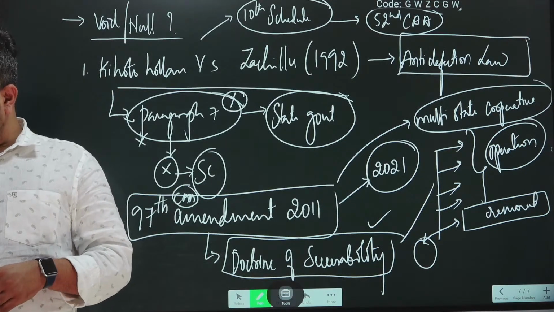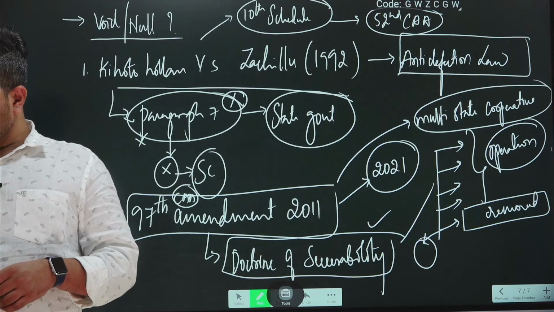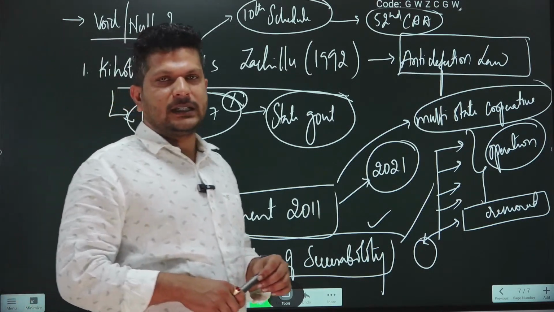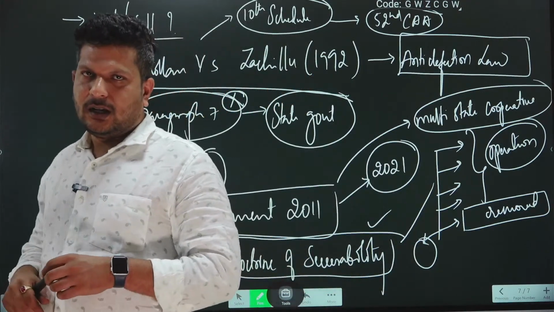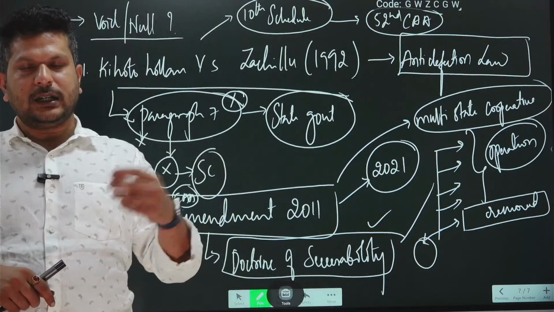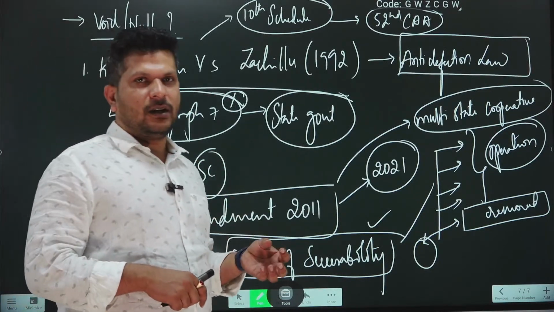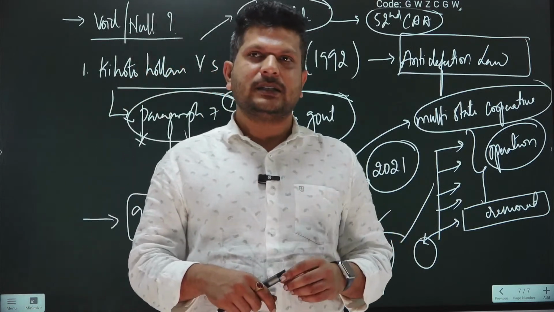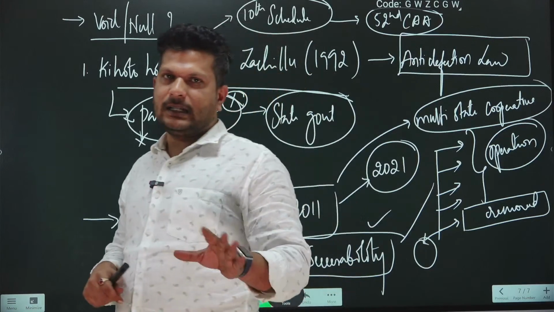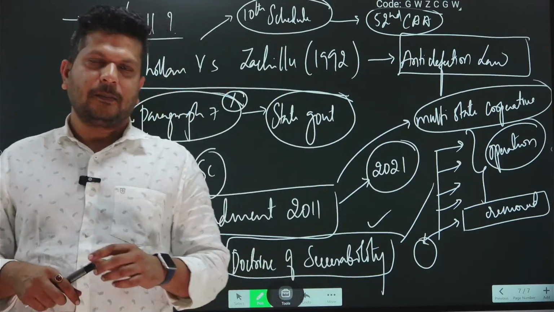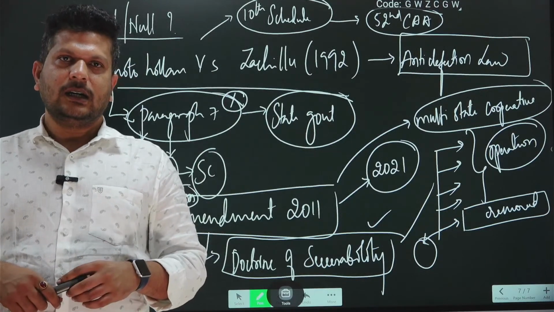There was a famous case in the United States, Chandler versus Wise, wherein states did not have the option of rescinding, that is, going back on their ratification. Once it is ratified, it is ratified and cannot be taken back. So we have taken this inference from the United States judiciary.